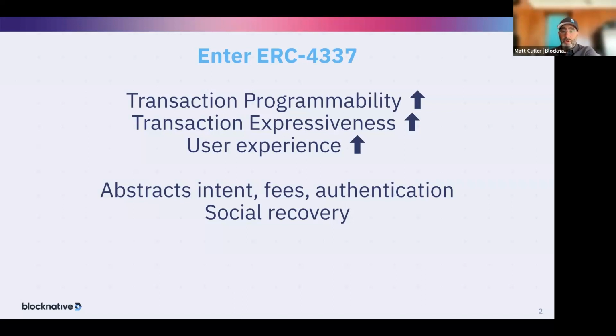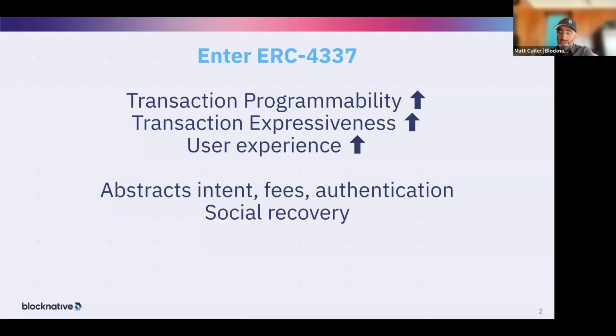It also, underneath the covers, abstracts away intents, fees, authentication, social recovery. We're not going to talk too much about that stuff today, but it's pretty interesting, all the ways that 4337 impacts things. But you'll notice that typically major upgrades to the Ethereum network are called EIPs, or Ethereum Improvement Proposals, but 4337 is an ERC, request for comment.